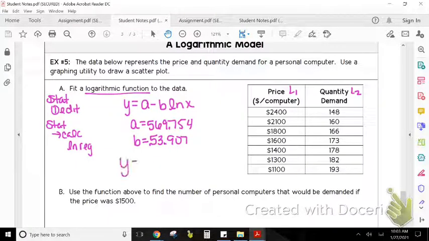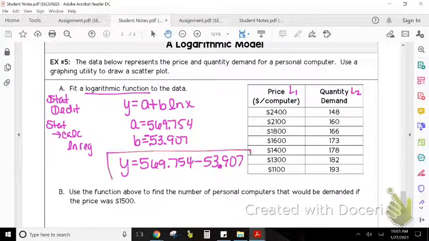And then just plug them in. So your equation should be y equals 569.754. I'm sorry, this was a negative. That was a plus. I apologize. So minus 53.907. So there's our equation. Oh, I forgot the natural log of x. Natural log of x. Let's do that.